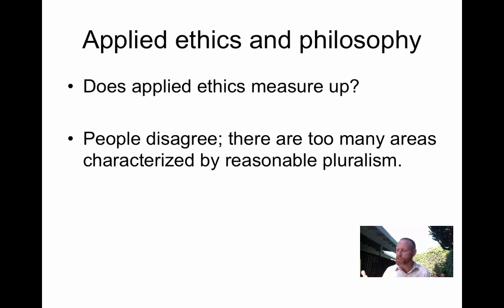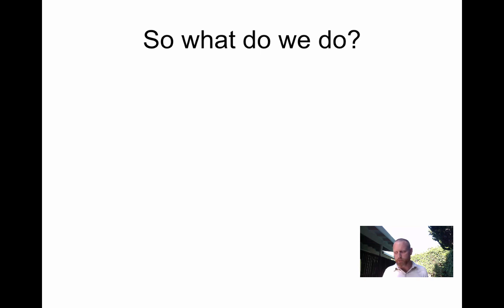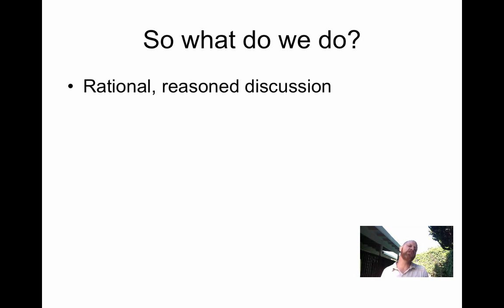So a big question for us is, what do we do about reasonable disagreement? Right? Well, if we can't mount arguments that can be relied upon to convince any rational person, then what are we doing? Well, one thing that we could be doing is just engaging in rational, reasoned discussion with people who disagree with us. This is really important in a free society, in a society like ours.